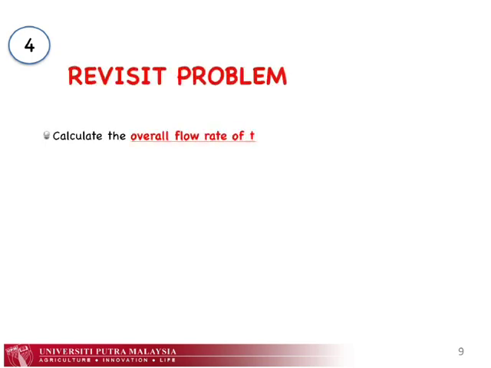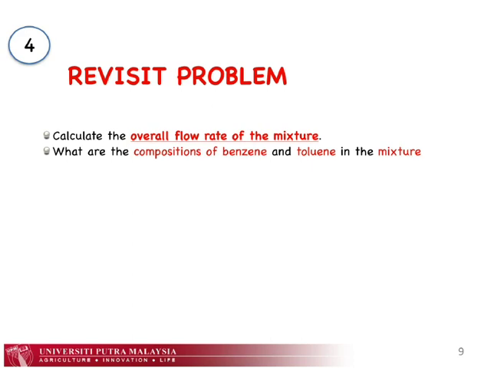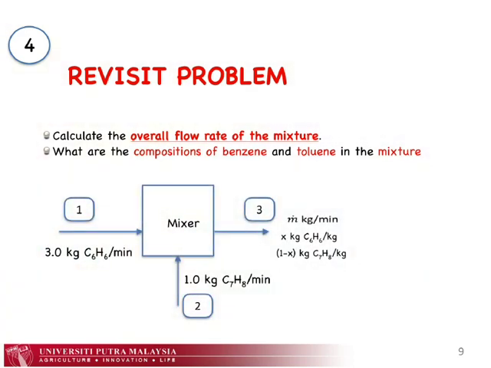Once we label all the unknown variables, let us revisit the problem statement. We were required to determine the m dot, which is the total flow rate of the mixture in stream number 3. And we have to calculate the composition of all compounds in the mixture.